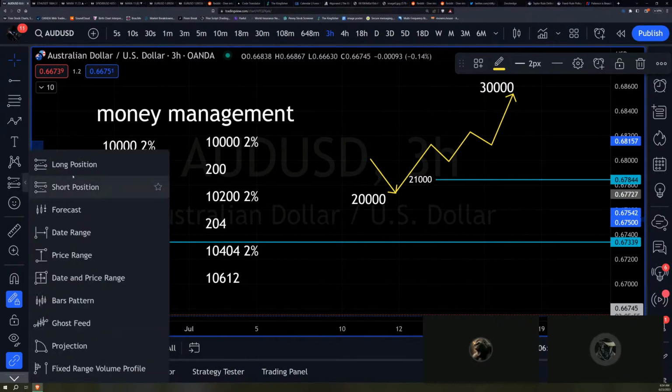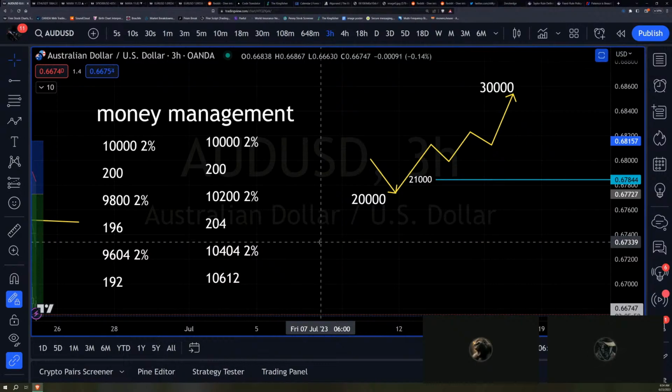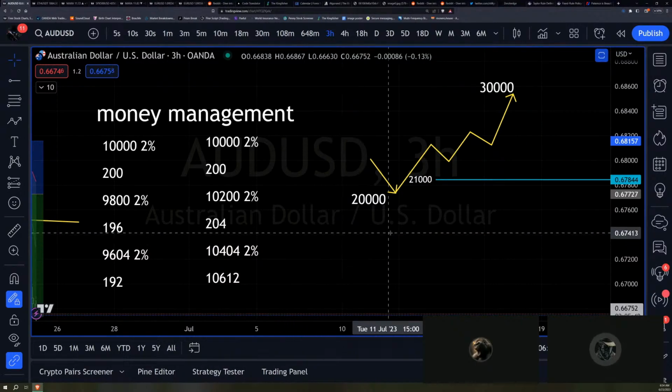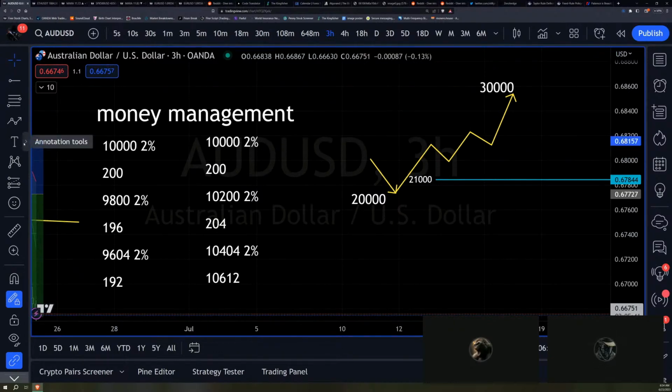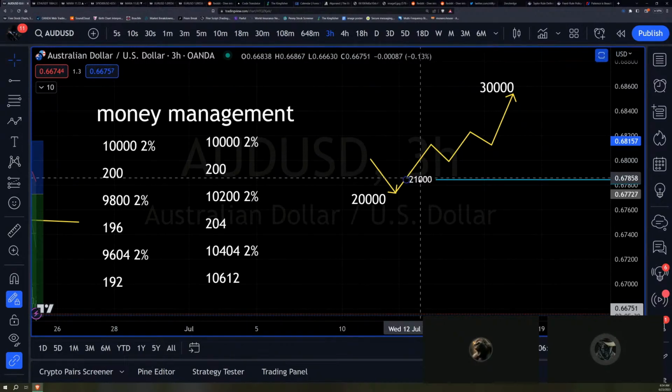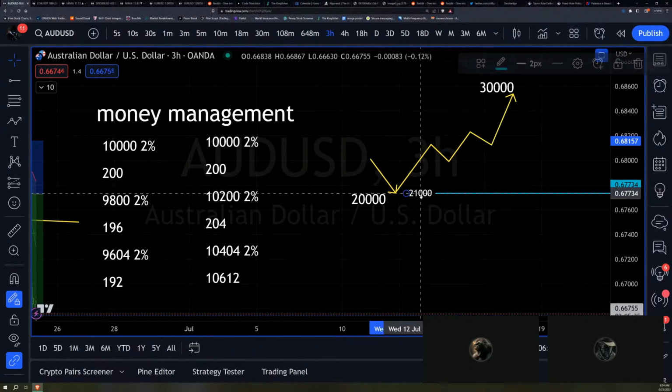Well, whenever we trade, we have something called a stop loss, and we always minimize our risk to where if price goes down a certain amount, then we get out of the trade. Now, we're going to pretend we purchased at 20,000 because it's going to make it easier for this example.